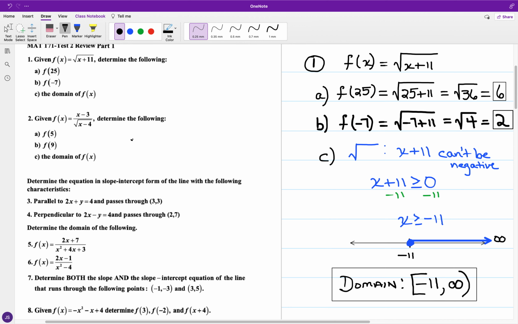For this item, we're given f of x is equal to x minus 3 all over the square root of x minus 4.